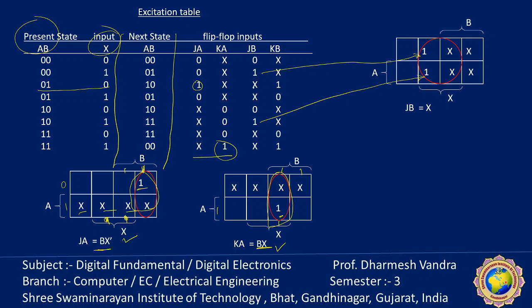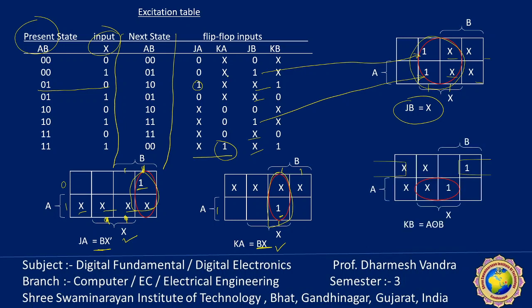And the remaining alternate conditions are don't care, this one. So we take the middle one, a group of 4 as per the K map, X is 1 and the remaining are not required, so directly JB is equal to the direct input X.